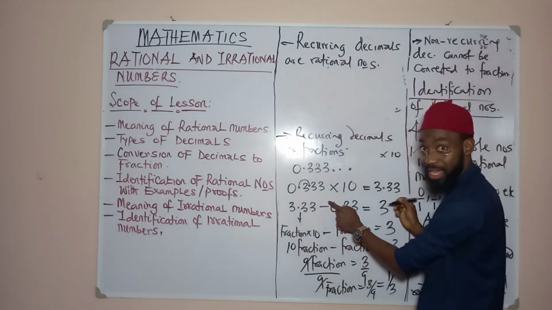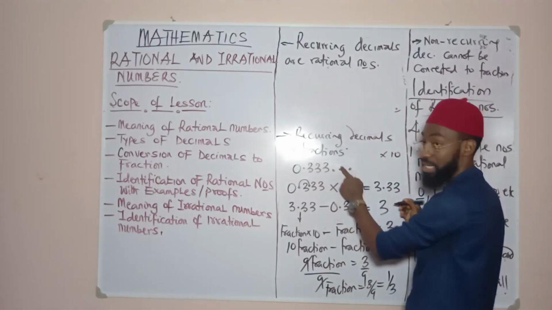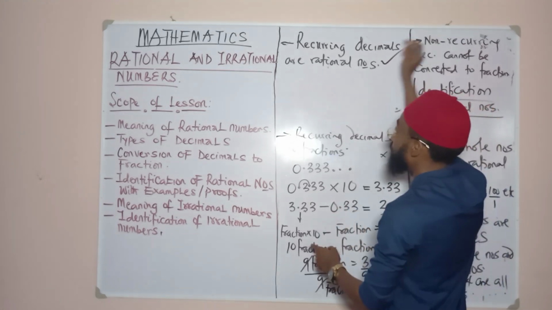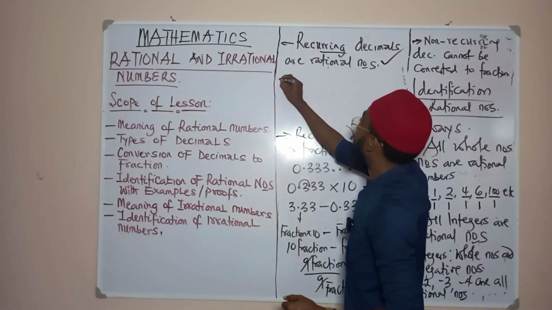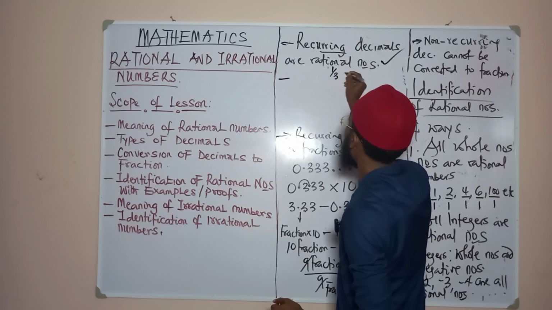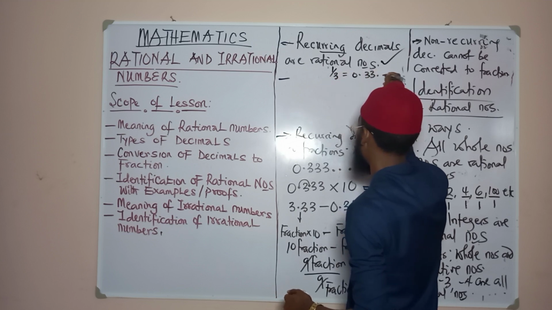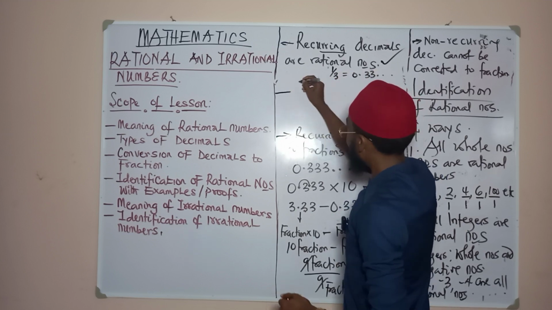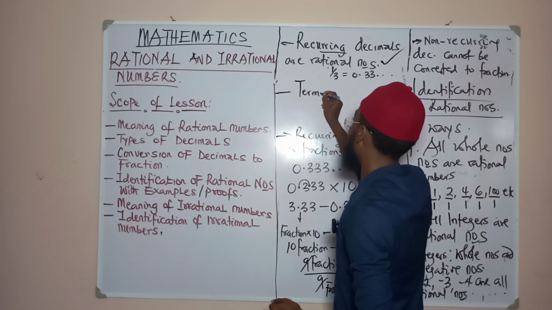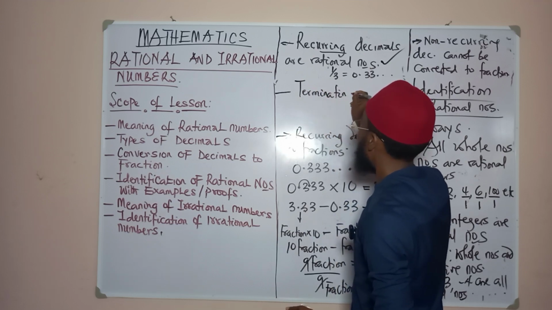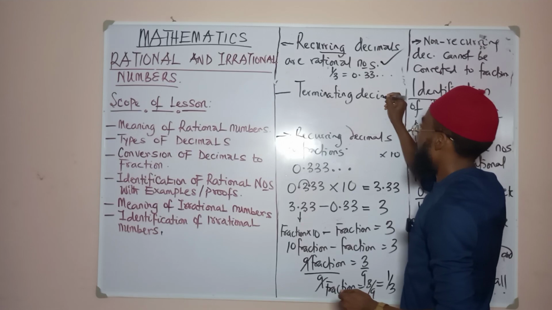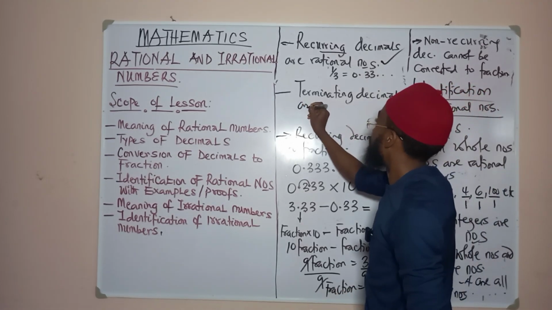I have proven it by showing you how a recurring decimal can be expressed as a fraction. For example, 1 over 3 will give you 0.333. And then terminating decimals. We have also proven that we can express terminating decimals as fractions, so they are also rational numbers.